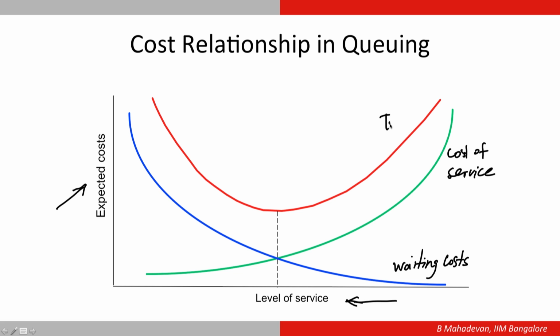So if you take these 2 costs together, this is the third curve, which is the total cost. So, essentially we are looking for this point now. Essentially, in the case of uncertainty, when we make capacity decisions, we are asking how do we locate this particular point, which is a trade off between the cost of service and the cost of waiting.